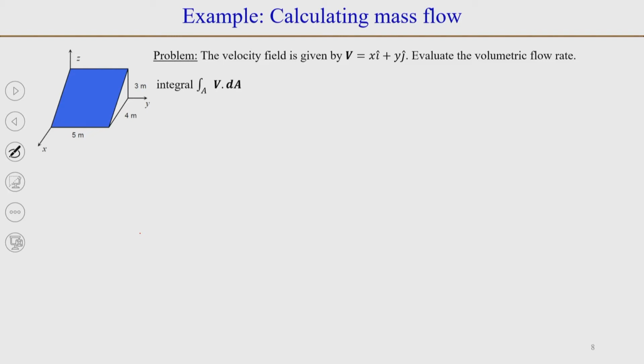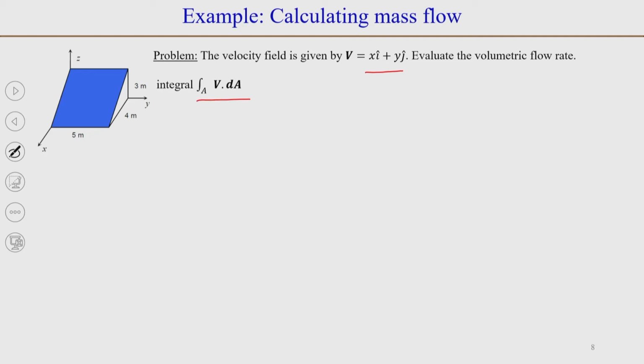It talks about a plane which is drawn here, and the velocity field is given by the vector v equals x i plus y j. So, this is the velocity vector, and it asks us to evaluate the volumetric flow rate. So, volumetric flow rate is nothing but the integral over the area of this plane of v dot dA.